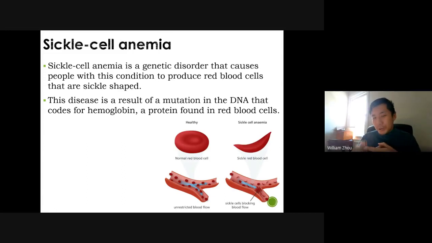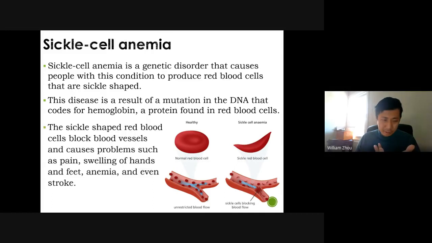Second, because you're sickle-shaped, you can hook onto things. And if you have a lot of sickles, you hook onto each other, which can generate a blockage. You can clog your own arteries with your blood. So that leads to a lot of swelling, pain, and even stroke. And of course, you're lacking oxygen all the time.